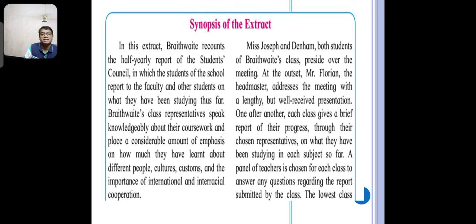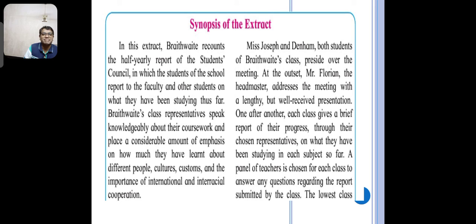It is very long narrative writing, so it is highly impossible to have an entire novel for our study. Rather, we have just one extract from that novel. What is going on in that extract is the synopsis of our extract.